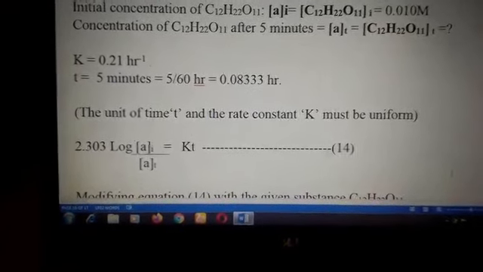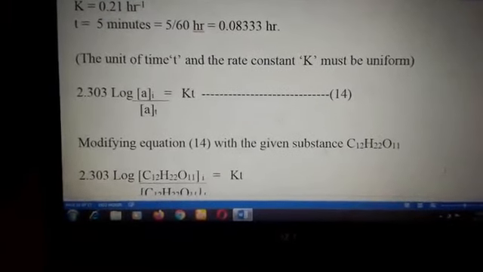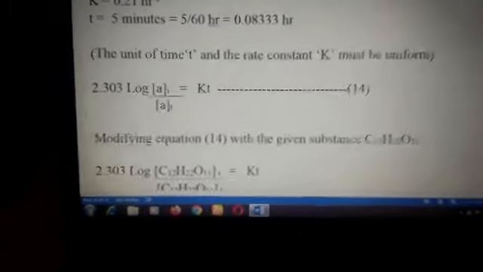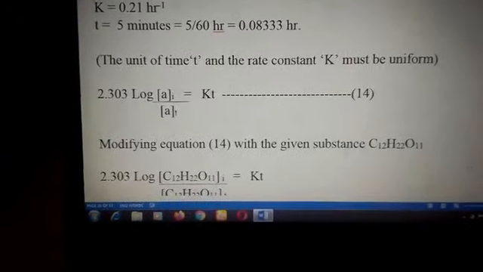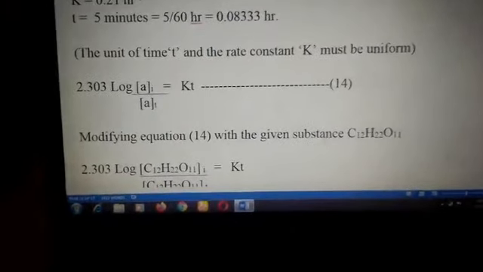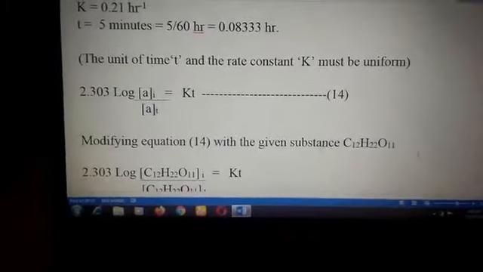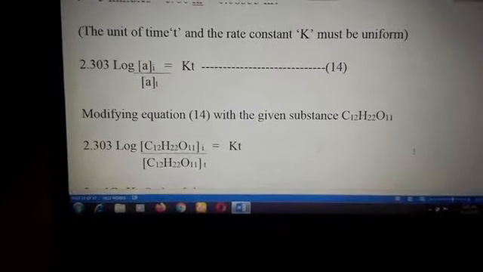Now we bring in equation 14, which is the integrated form of the first order equation: 2.303 log A_I over A_T equals KT. We modify equation 14 with the given substance. We now use A as the sucrose formula.